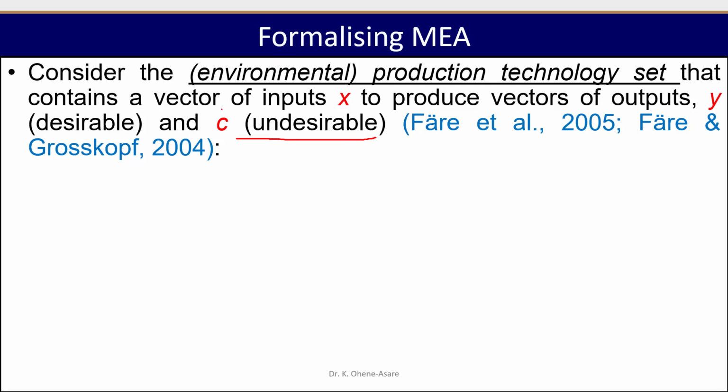Who else has an example of a bad output? With our body, could we say urine? Yes, but the question is whether the urine is causing a problem. When the urine is flushed out, is it causing a problem?